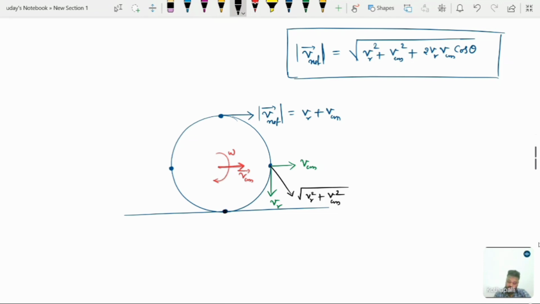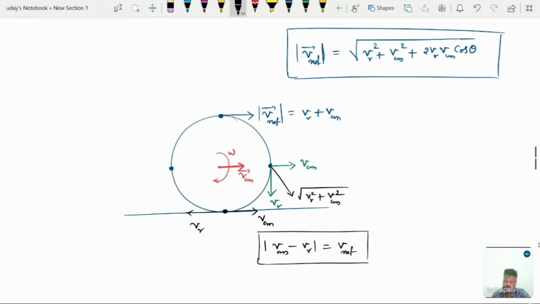If I take this point, VCM is this side and VR is this side. So it will be the modulus of VCM minus VR. If VCM is more, VCM minus VR; if VR is more, VR minus VCM. That condition we'll see later.